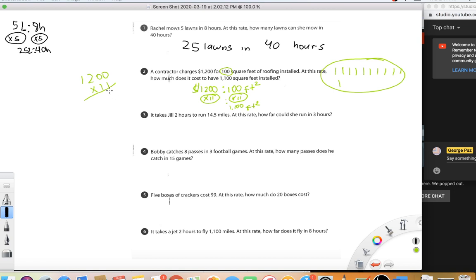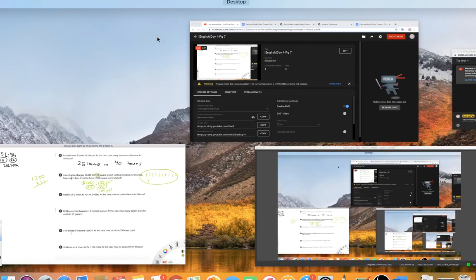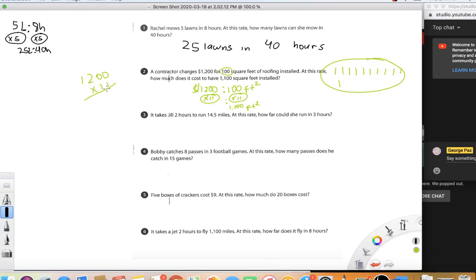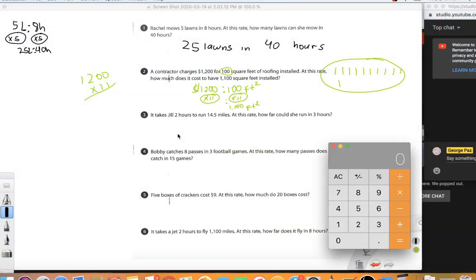So I'll do the shortcut way, and then I'll do it this way as well. For example, 12 times 11. If you know what 12 times 11 is, it's 132, right? Yes, I just like making sure.